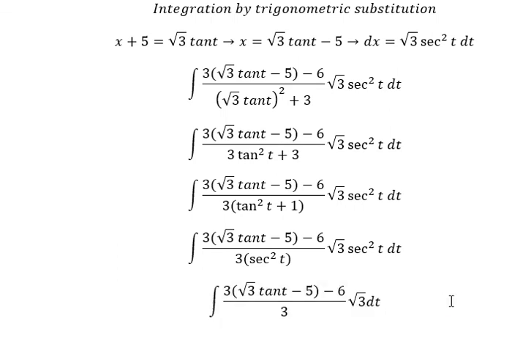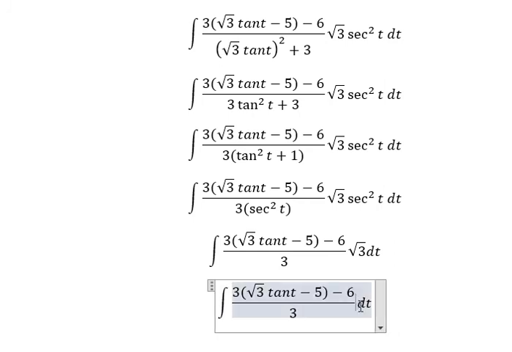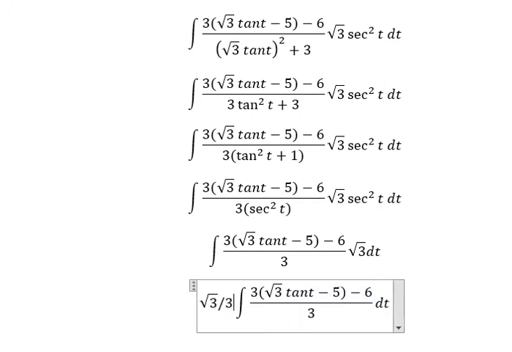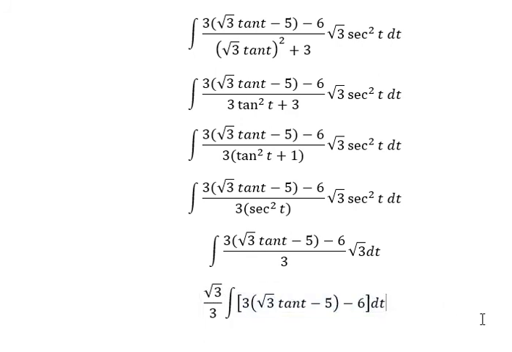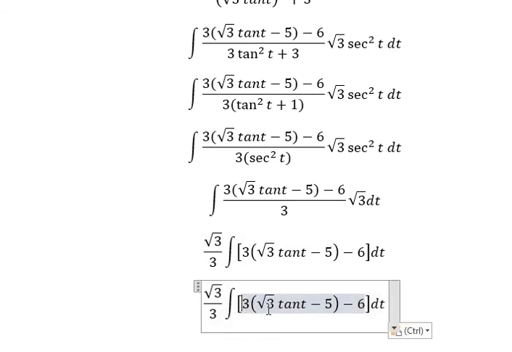Next, the square root of number 3 and number 3 we put outside. So number 3 multiplied by this one.